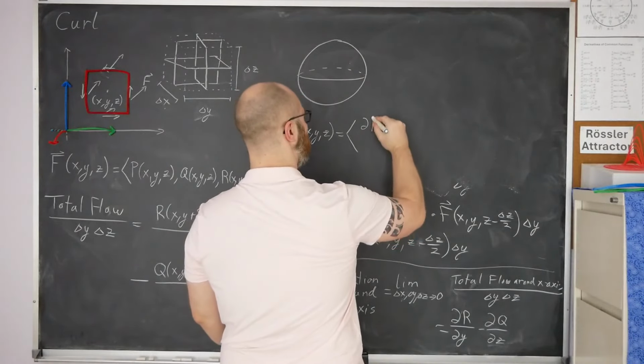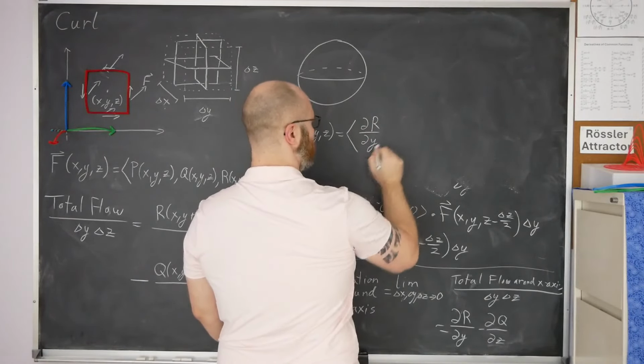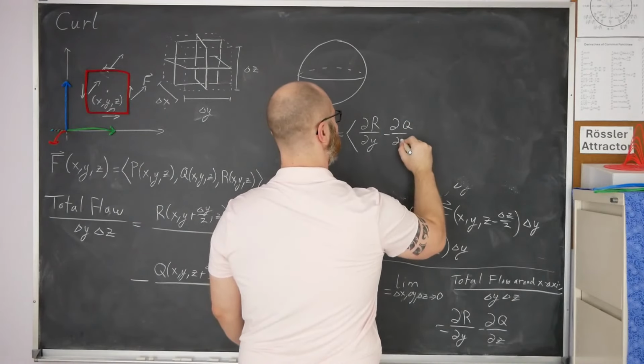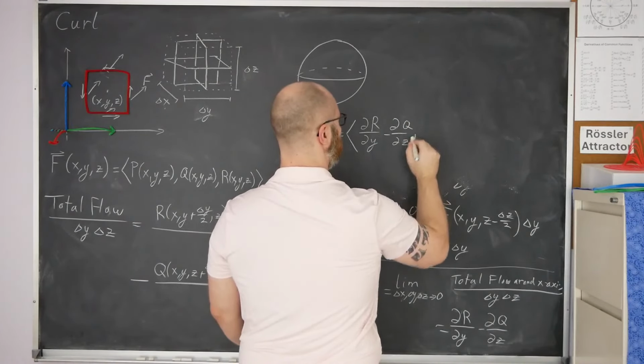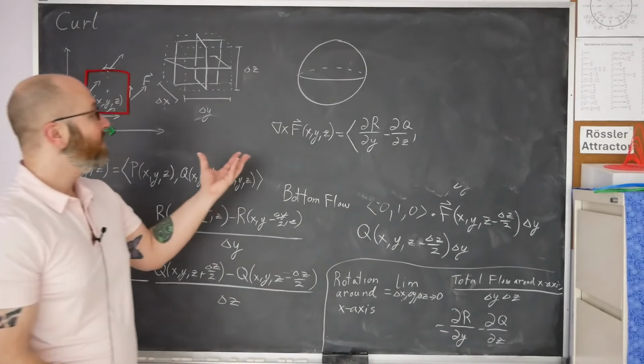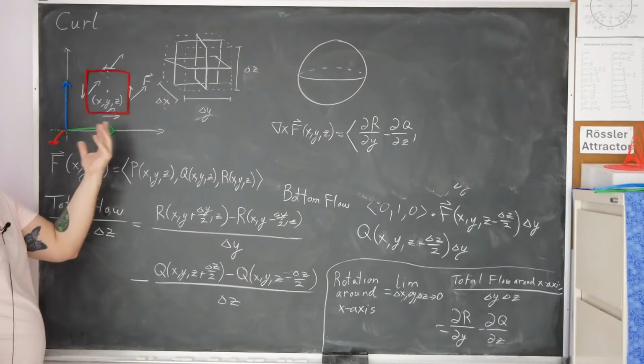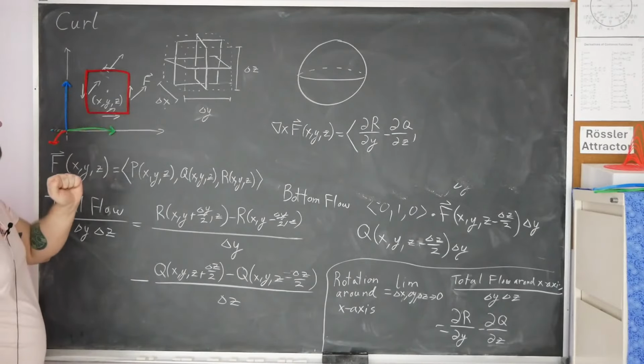Partial R partial y, minus partial Q over partial z. But I also need to know, if I were to look at this thing rotating around the y-axis, how much is it rotating just around the y-axis?